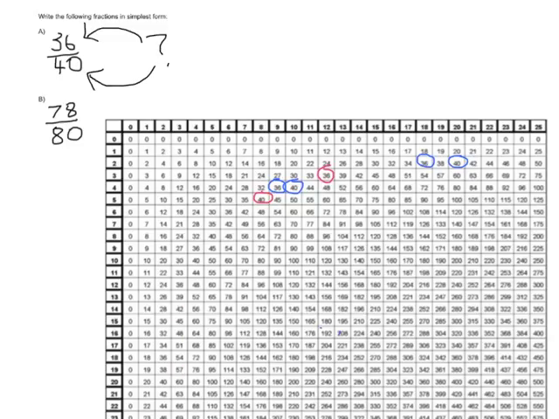So if you look at these circles here, I've circled some numbers in blue and some numbers in red.